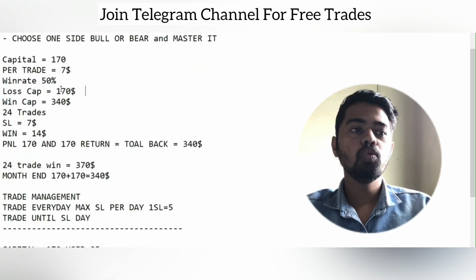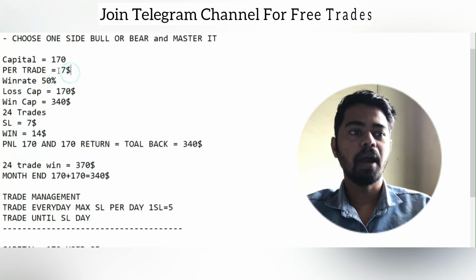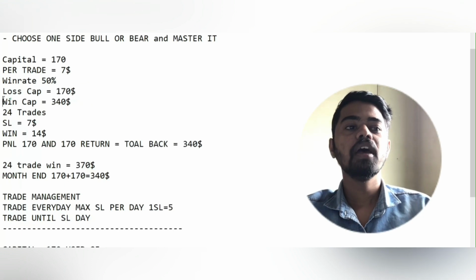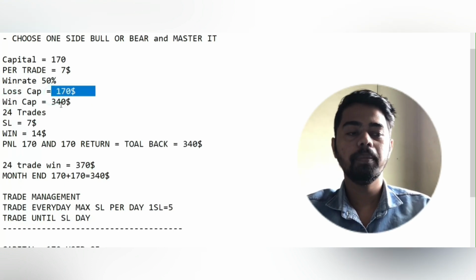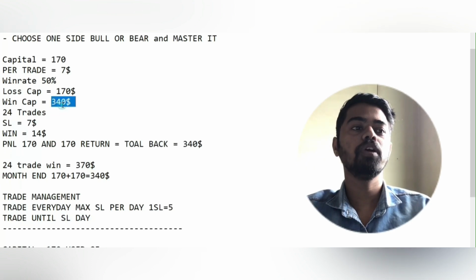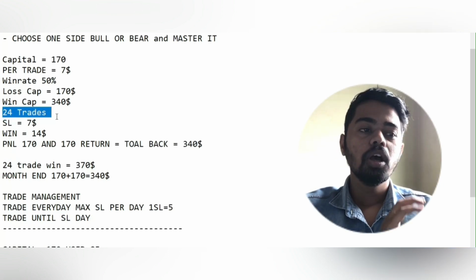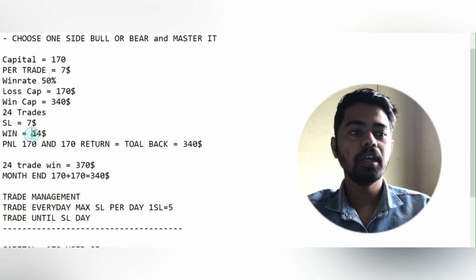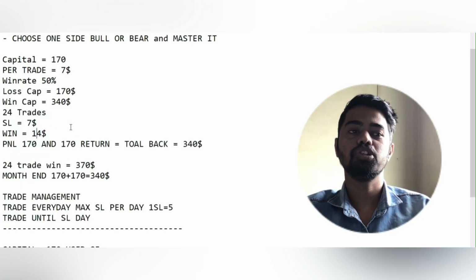If you lose your trades back to back, then you will lose the $170. And if you lose only 50% of trades with a 50% winning ratio, then you will eventually have $340. It means you have to divide 24 trades into a 7:14 ratio.